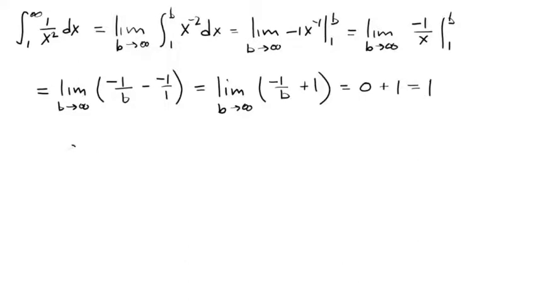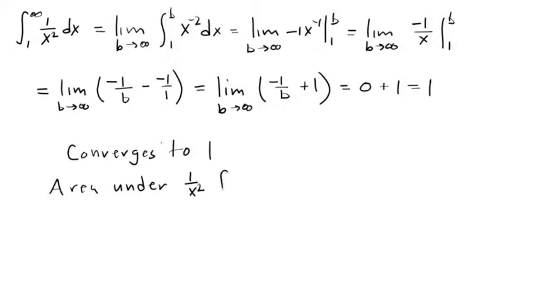Alright, so this limit converges, and it converges to 1. Alright, that also means that the area under the curve, since that's actually what we were looking for, under 1 over x squared for x greater than or equal to 1 is actually finite, and it's equal to 1.